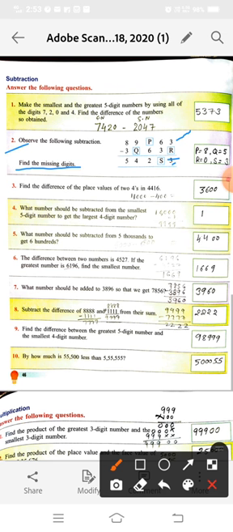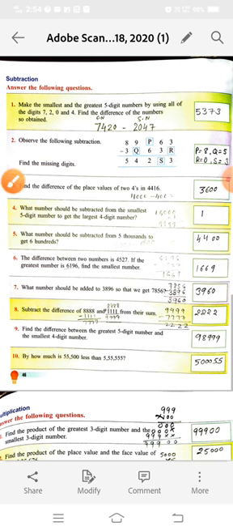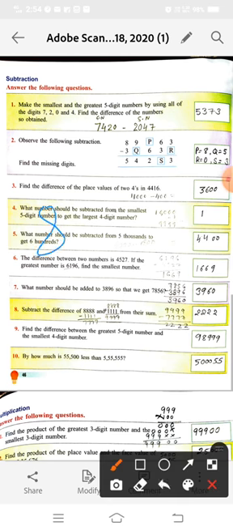So when we get the difference 3, we subtract 0 from 3, so write here 3. We have to see step by step.